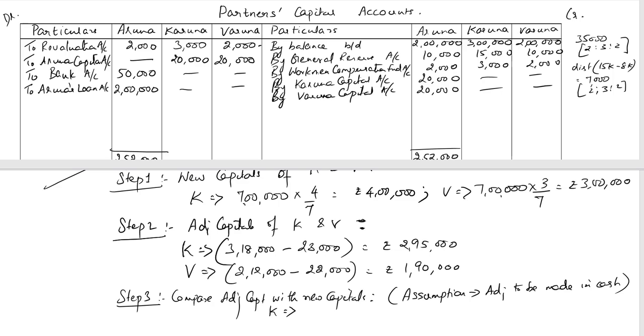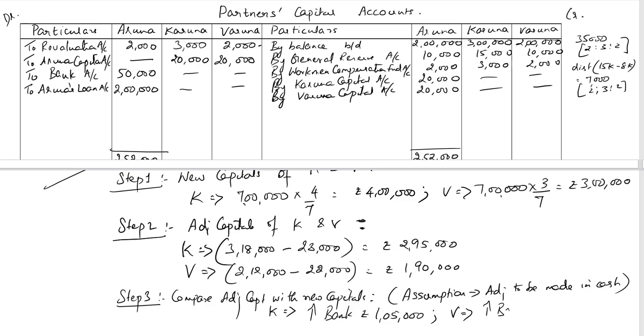As far as Karuna is concerned, the new capital is 4 lakh, whereas the adjusted capital is 2,95,000. So Karuna has to bring in cash of rupees 1,05,000. In the case of Varuna, the new capital is 3 lakh and the adjusted capital is 1,90,000.